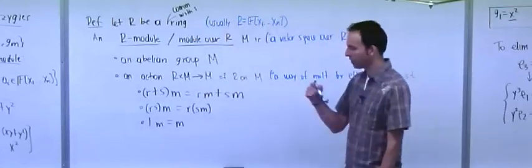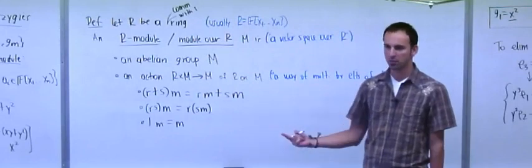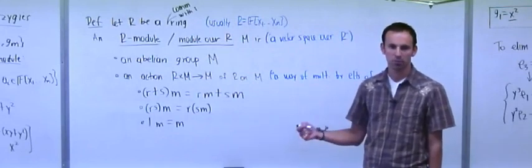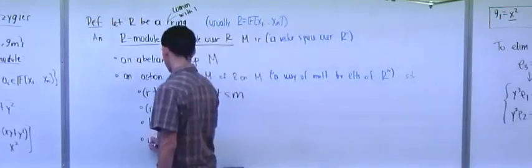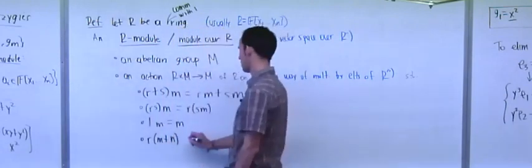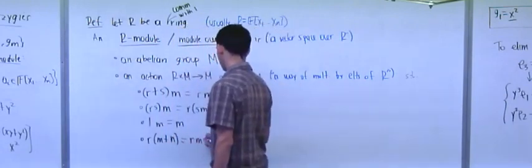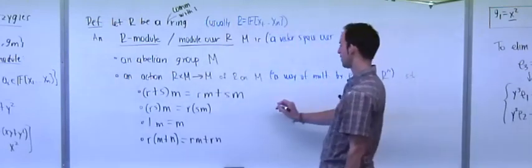So that's compatibility with the structure of R, but then also you have to be compatible with the structure of M, because M is an abelian group, so it has a way of adding. So when you multiply by an addition like this, then it should be the same thing as if you multiply like this. Okay? And then you put the usual qualifiers.